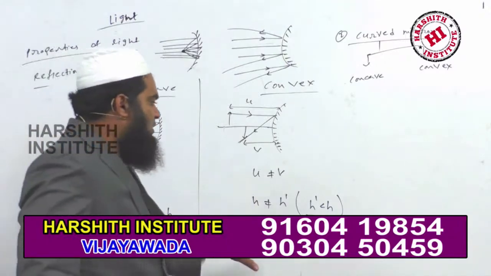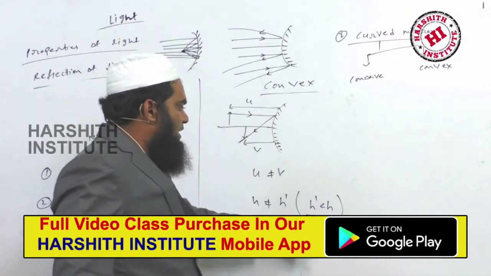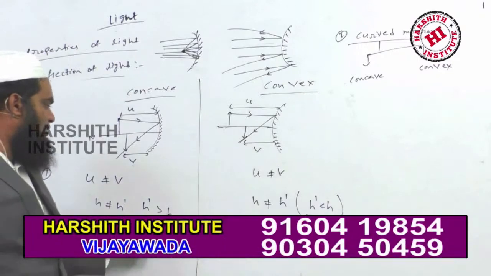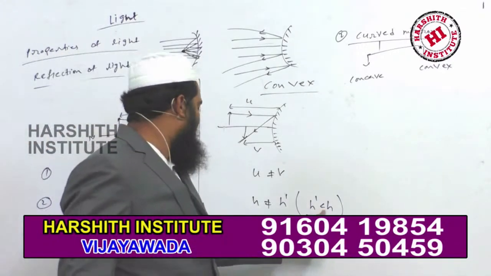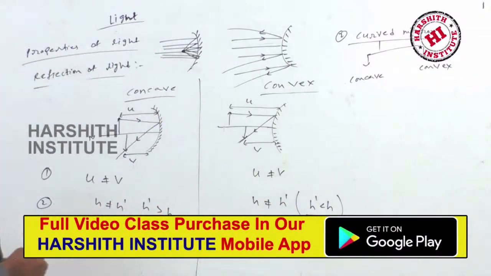But in the case of convex, the height of the image is less than the height of the object. So this is quite the reverse.